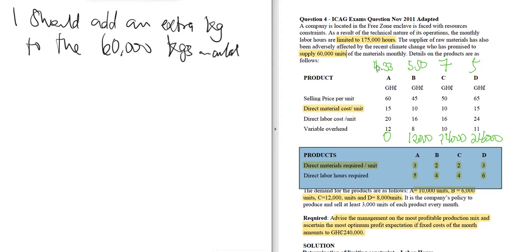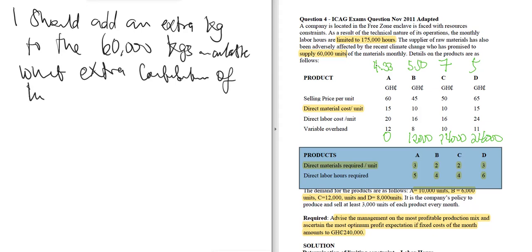If I should add one extra resource to the limited resource, what extra contribution will be generated? I get it. What is the extra contribution? So 1 kg should bring an extra contribution. What is the extra contribution that will be got of the limiting factor, right?